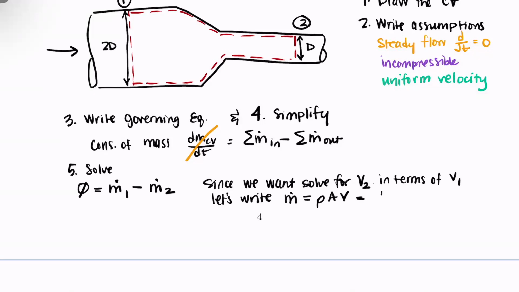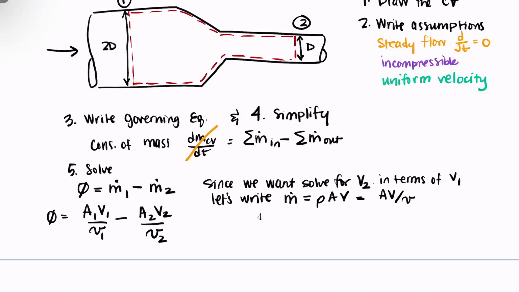Or alternately, A V divided by specific volume. Okay, so this means that we have 0 is equal to A1 V1 divided by specific volume 1 minus A2 V2 divided by specific volume at 2.